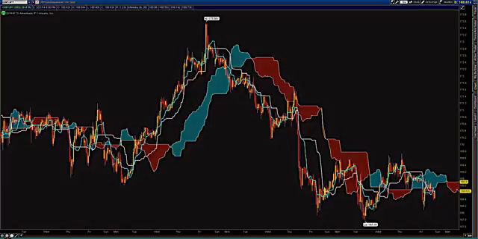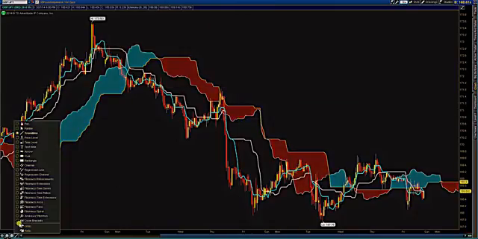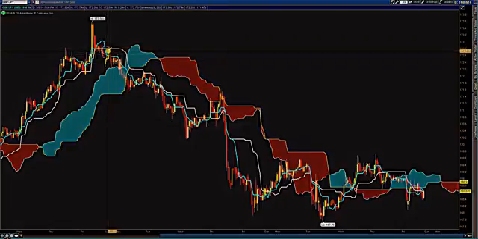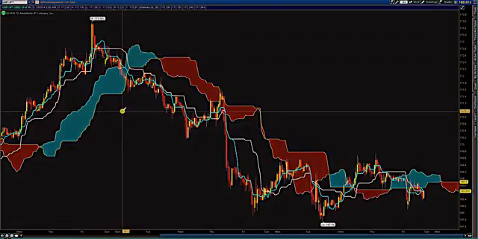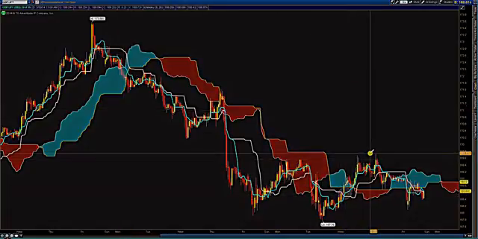Meaning if the 50 crosses above the 200, that's your golden cross, and if the 50 crosses below the 200, that's a death cross, and you should be looking for short opportunities. Similar situation here. If the Tenkan-sen crosses below the Kijun-sen, in this case right here, that's a bearish signal. If it crosses above it, like right here, that's a bullish signal.